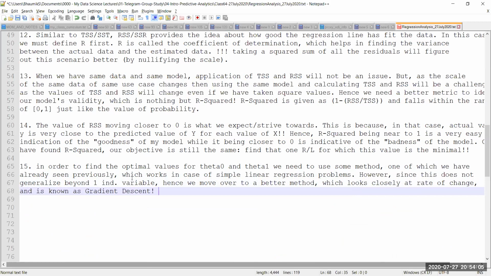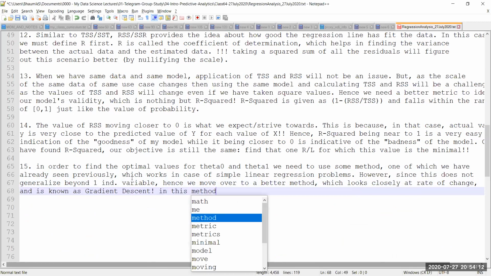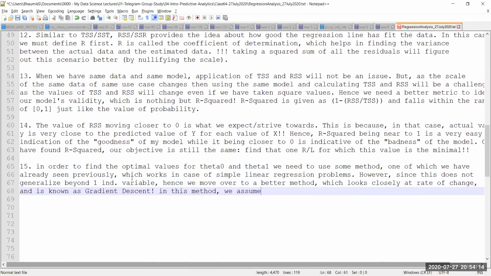What we have seen in this method of gradient descent is that we assume any starting value of the intercept.